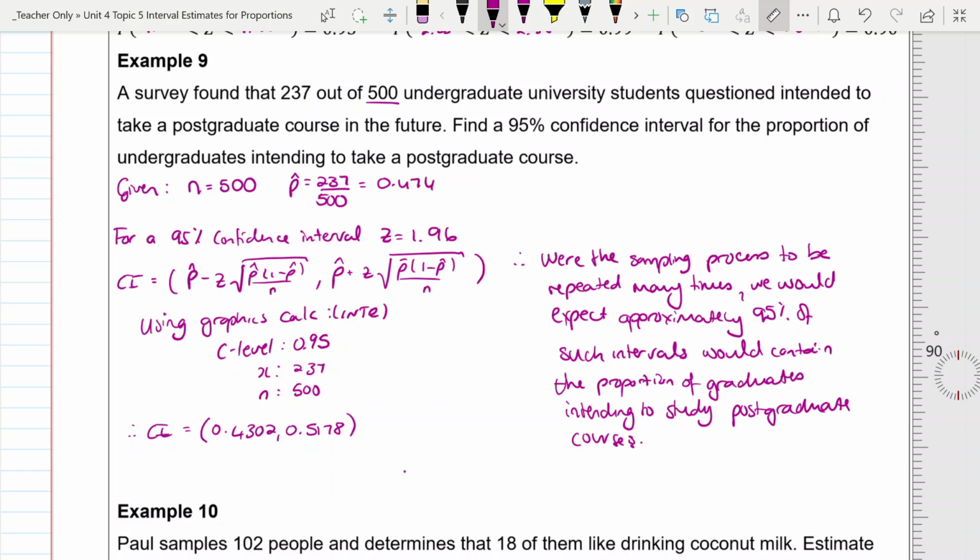And the wording of this is actually quite important, so it's worth your while learning that off by heart.